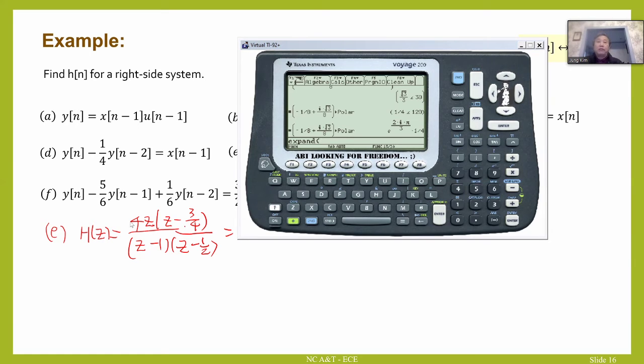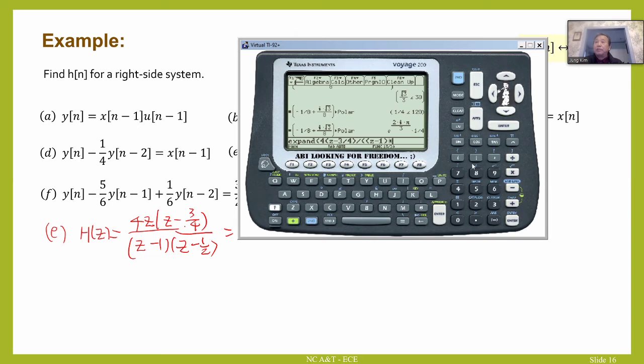So instead of 4z, I'm going to do 4 in parentheses, z minus 3 over 4, and then divide by parentheses, z minus 1, parentheses, and multiply.